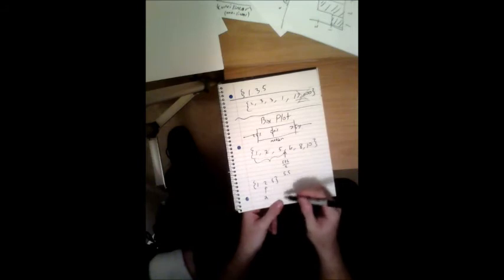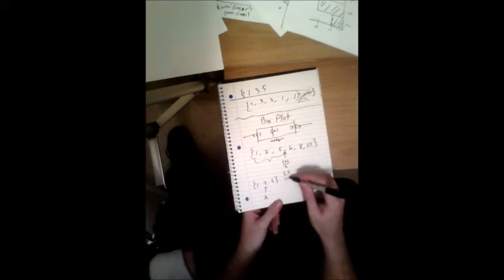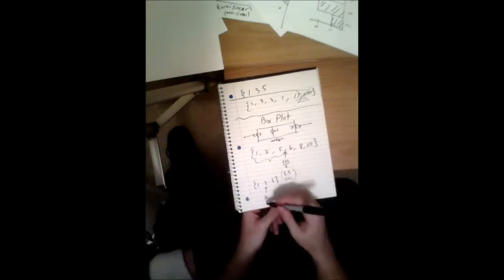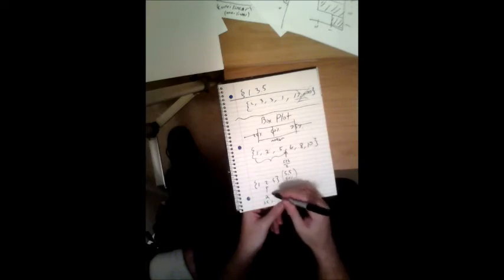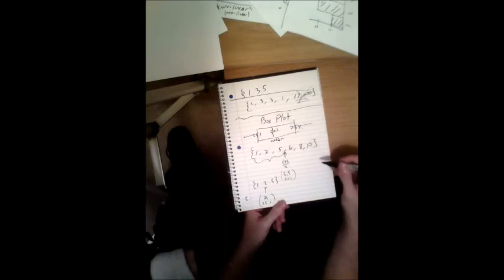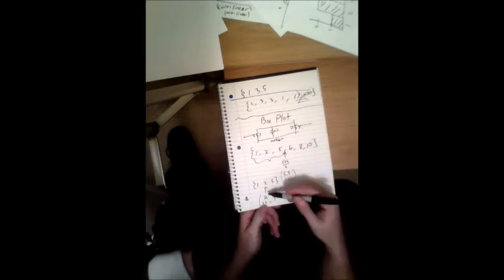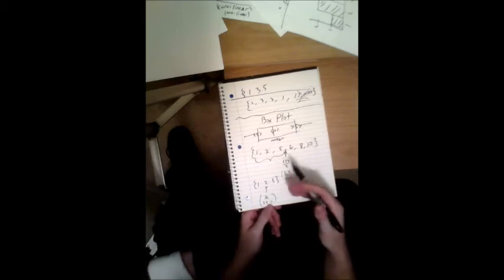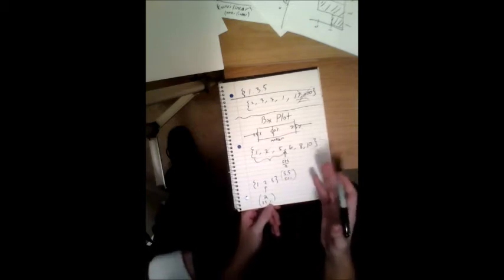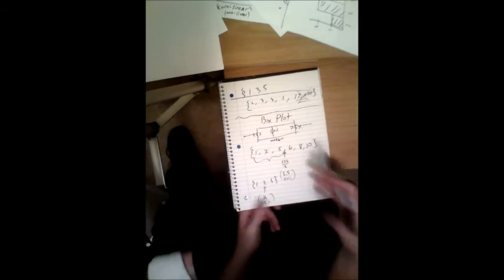Just to clarify, this is the 50th percentile, the median, and this is the 25th percentile, the first quartile, we call it. What's special about this is that 25% of the data will lie below this, or equal it.